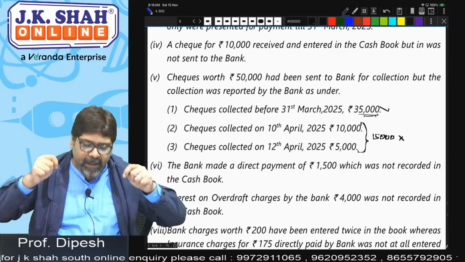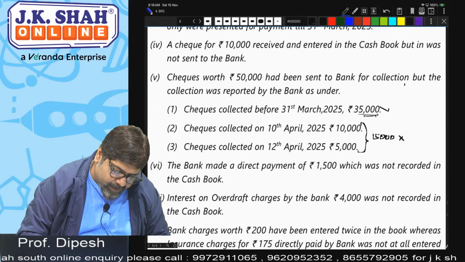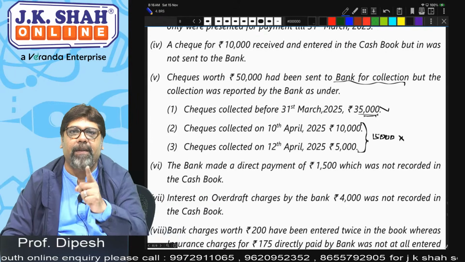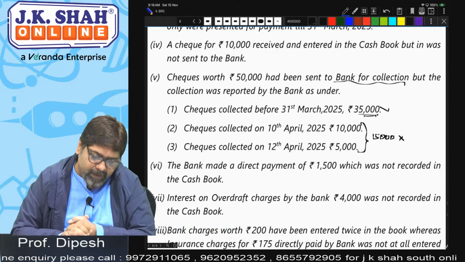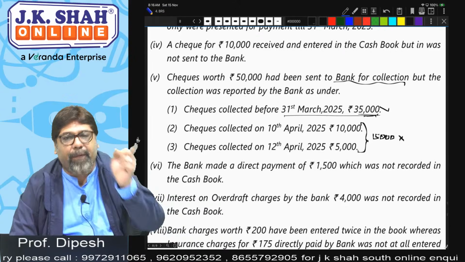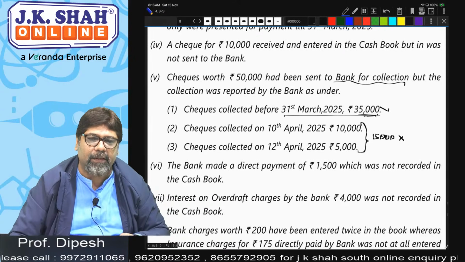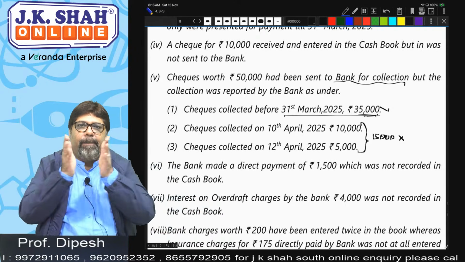When you are sending checks to bank for collection, this is deposited. So you deposited checks worth rupees 50,000, out of which 35,000 is recorded in passbook before the year end, but 15,000 is recorded in the passbook after year end. We are interested up to year end.